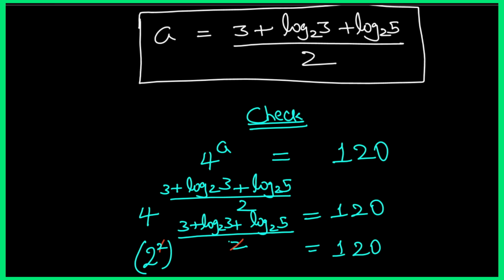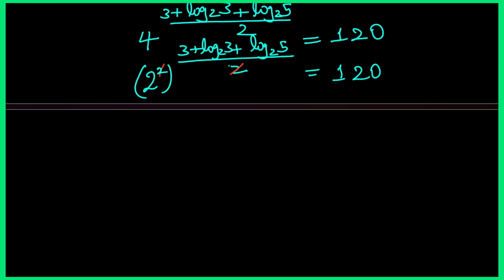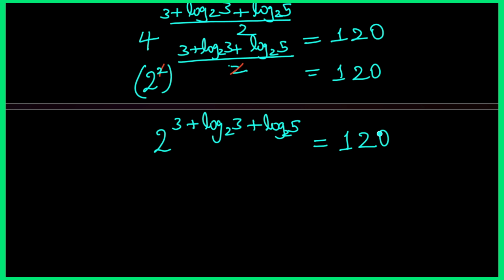So the equation now becomes 2 raised to power (3 plus log 3 to base 2 plus log 5 to base 2) equals 120.